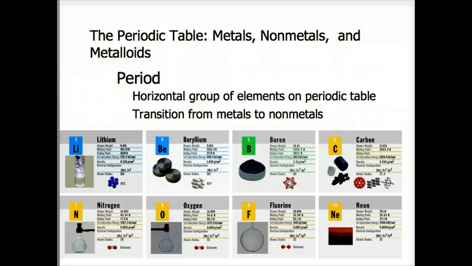So if we look at some of the periods going across, okay, if we look at the second period, it goes from lithium, beryllium, boron, carbon, nitrogen, oxygen, fluorine, and neon going across on the periodic table. Lithium is the metal, neon is a non-metal.